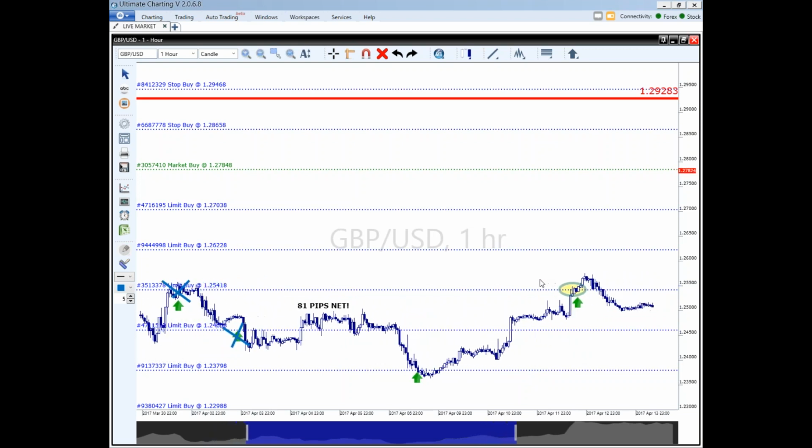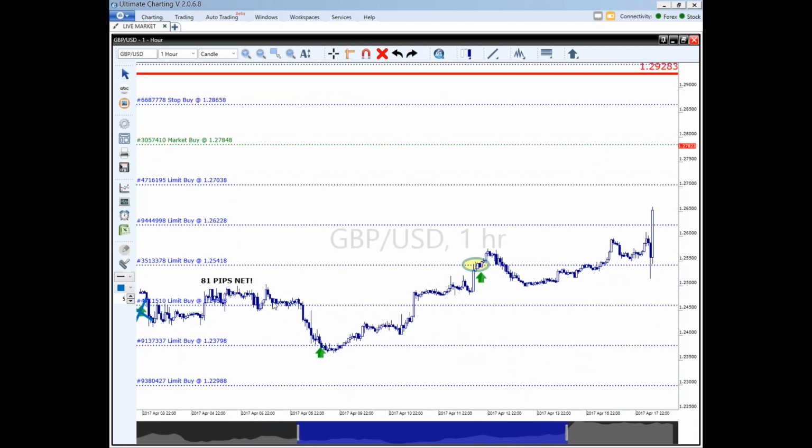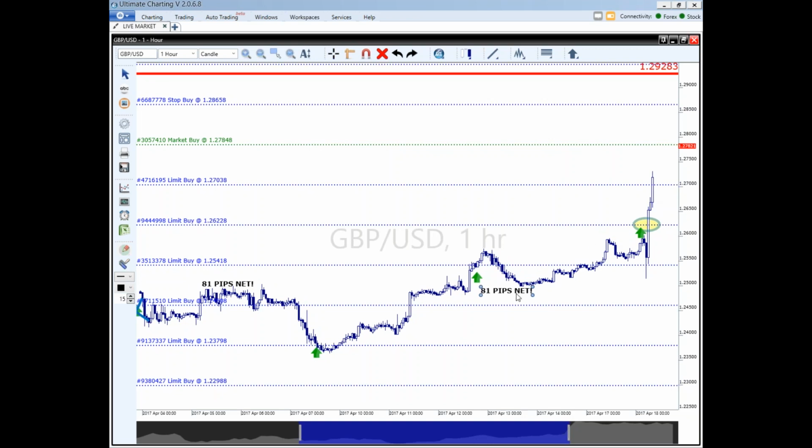This market comes up, comes down, fulfills your 81 pips net right there. And since you know the target to the north trade is bullish, you're resizing in the market once again. There's 81 pips net struck once again. Resizing in the market.